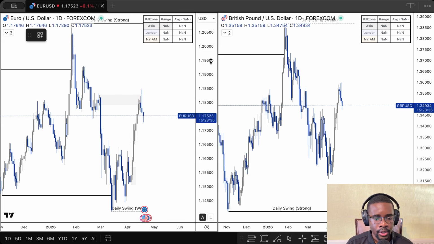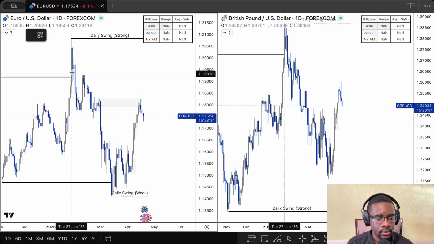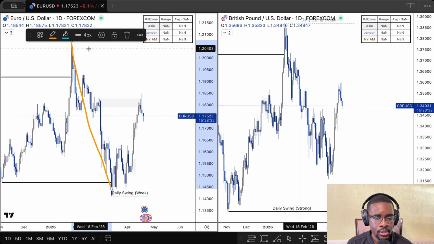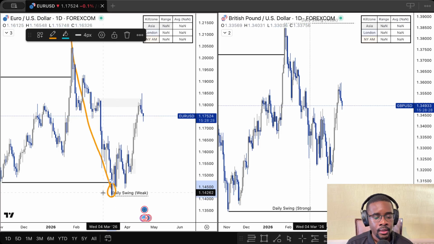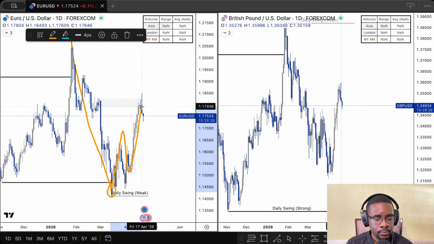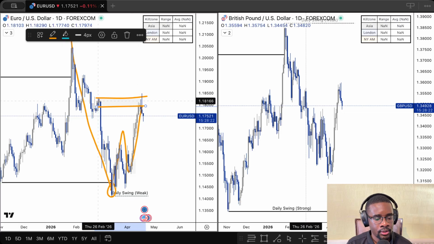So we do have our daily swing for the Euro USD, which is bearish after this break of structure. And then price has been pulling back, and then we've eliminated this area of supply, or we have taken liquidity above this high, the structural high on the daily, right?